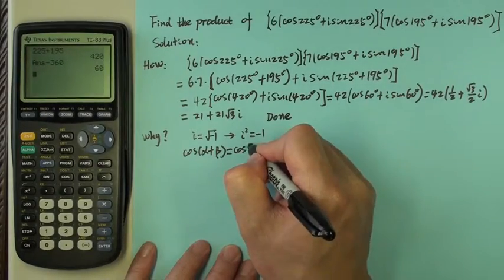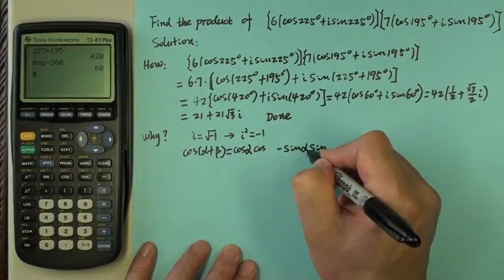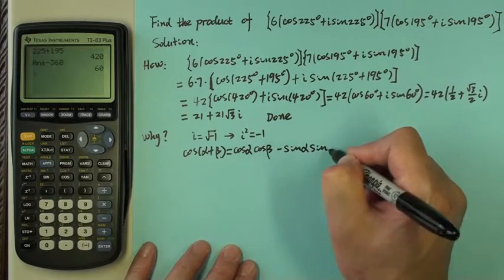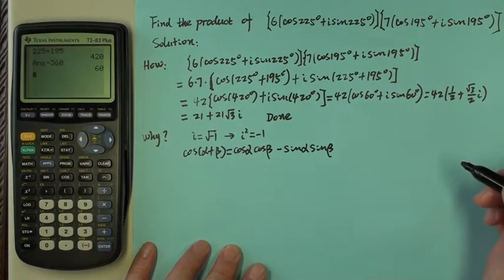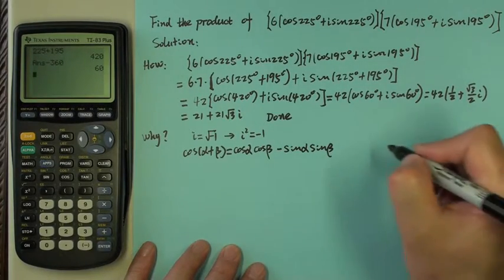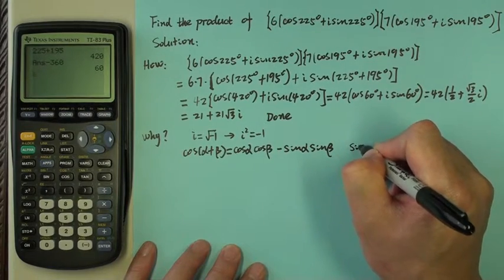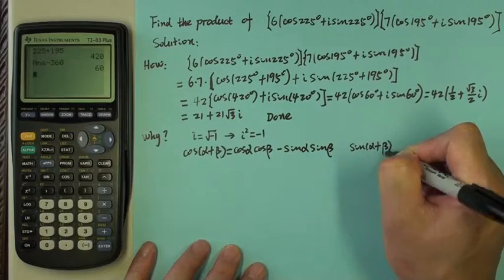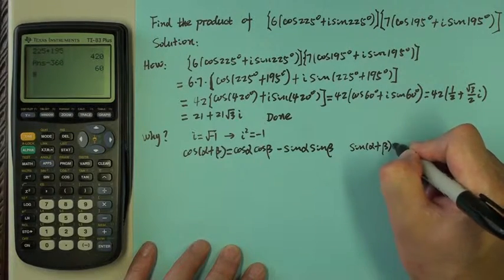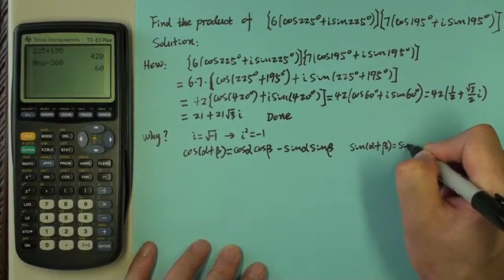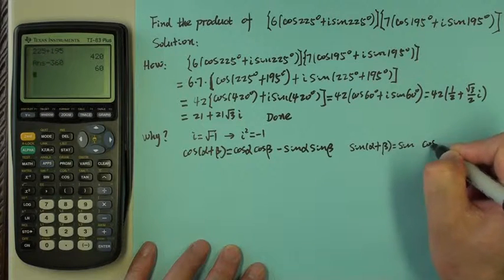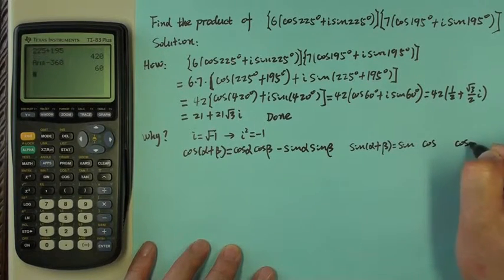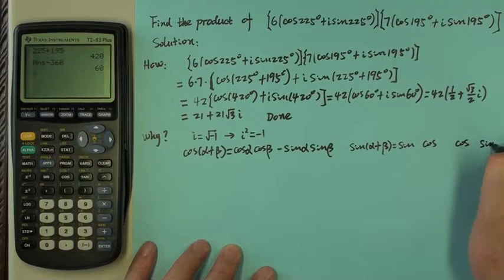The first angle is alpha, and the second angle is beta. Also, we want to recall sine of alpha plus beta. That will be sine cosine plus cosine sine.